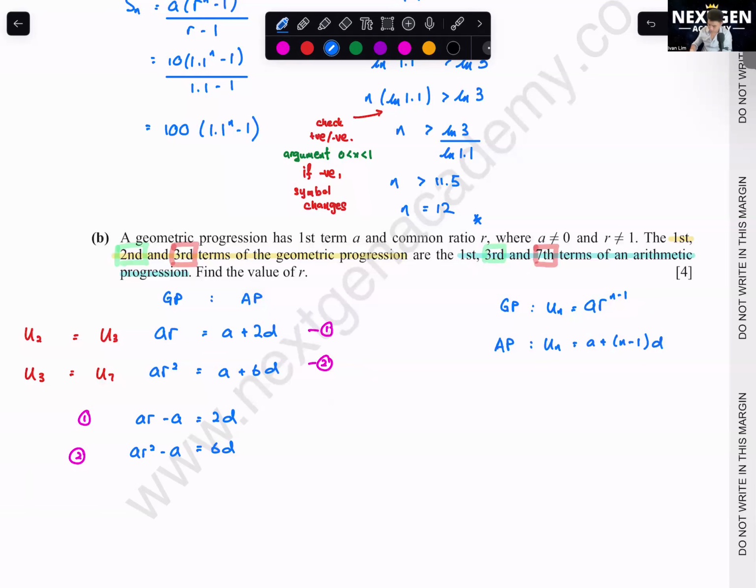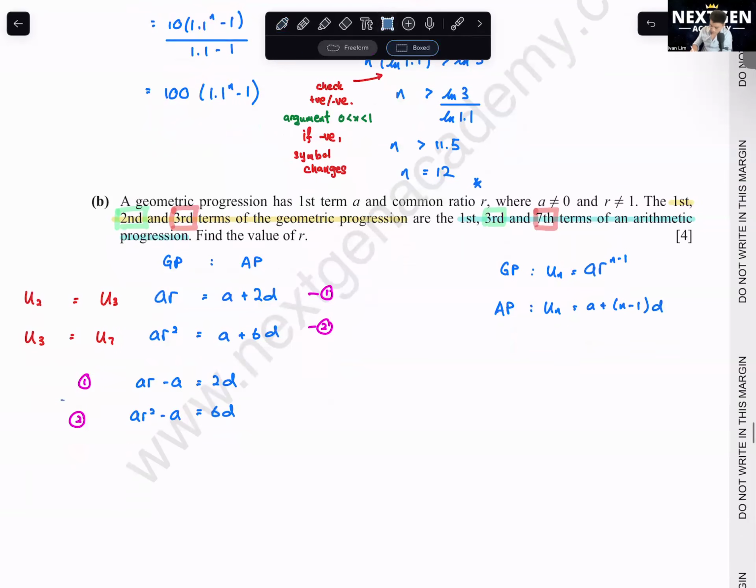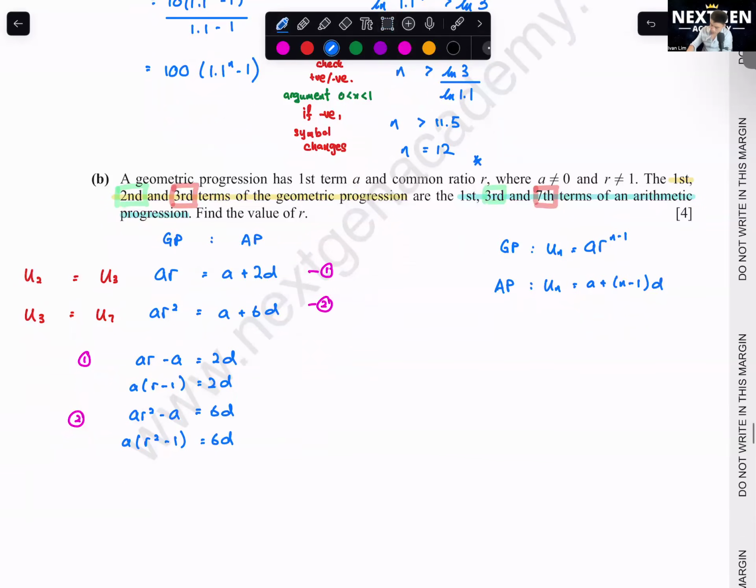From here, can we divide or not? Maybe you want to extend a little bit more if you want to see. This one can be written as A(R minus 1) equals 2D. This one, A(R square minus 1) equals 6D. Let's call this equation 3 and equation 4.